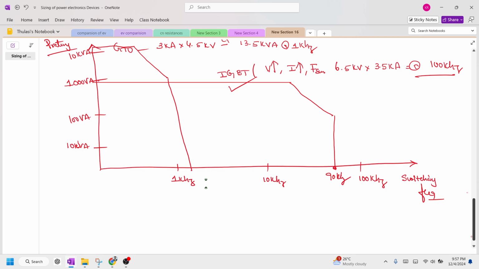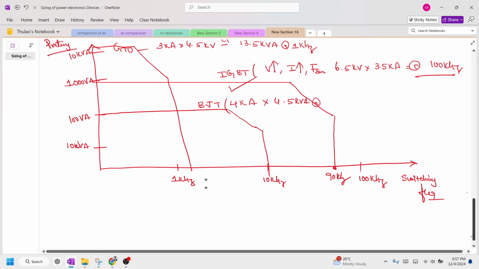Next one we are going to have is the BJT. In this range we have the BJT, which is called the bipolar junction transistor. This can be operated for a current of 4 kiloamps, or a power rating of 4.5 kVA, at a switching frequency of 10 kilohertz.